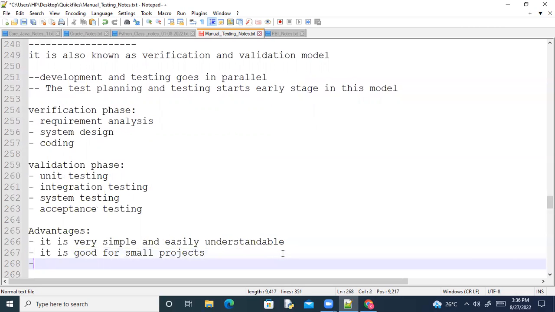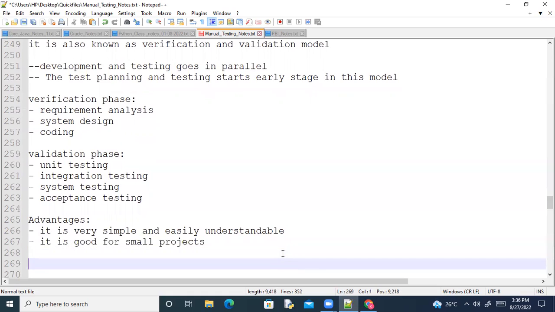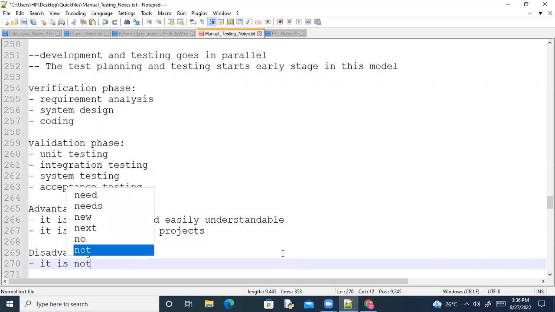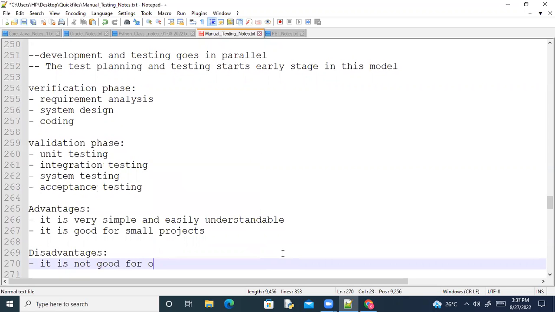Also here, like the waterfall model, all the requirements should be given to us in the early phase itself, that is, in the requirement gathering phase, so later they should not change them. Now we come to the disadvantages. It is not good for ongoing projects.